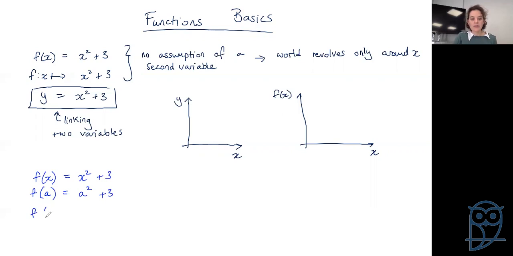If you have f of 2, it would be 2 squared plus 3. You must match the right and the left. If you say f(x) equals 2 squared plus 3, that's wrong, because f(x) has to have an x on the right-hand side. So as soon as you substitute on the right-hand side, you must have the same thing on your left-hand side. As soon as you change on the left-hand side, you must substitute on the right-hand side.